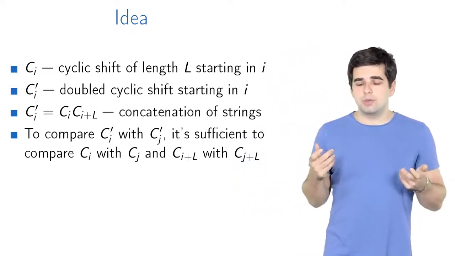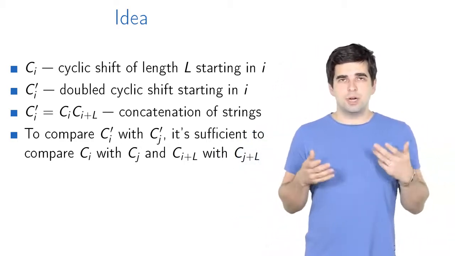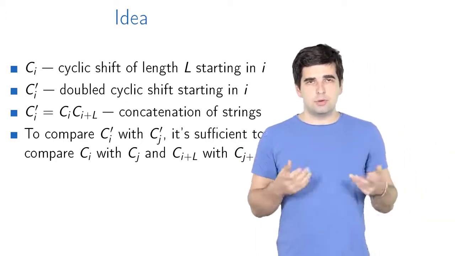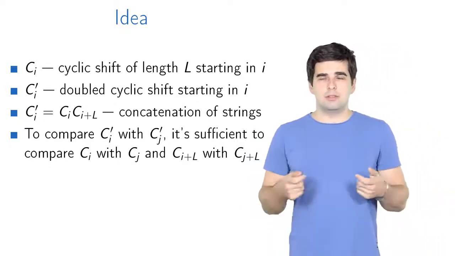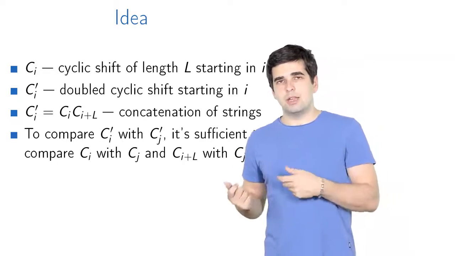And we already know the order of the cyclic shifts of length L. So instead of comparing them directly, we can just look in the array of their order and determine which one is before which one, and that one is going to be smaller or the same as the other one.